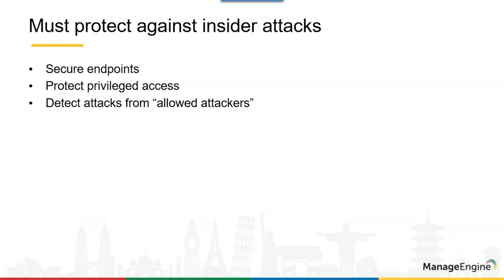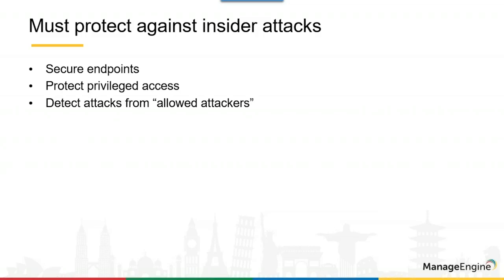And then it changed everything for me. Because what we are going to be able to do is help secure our endpoints, take care of privileged management, and most importantly, we're going to be able to detect attacks from allowed attackers.